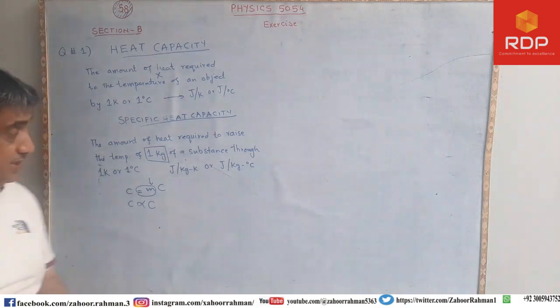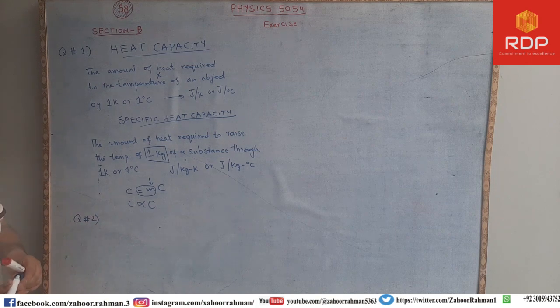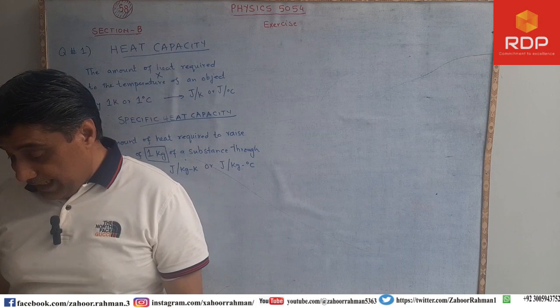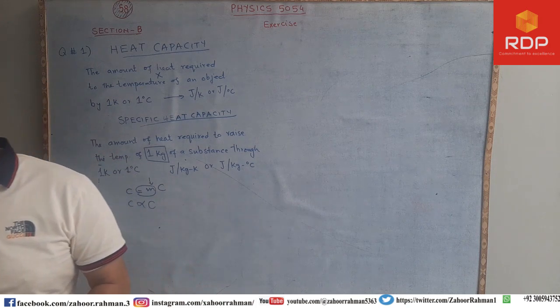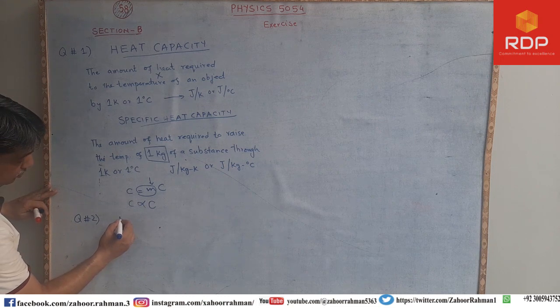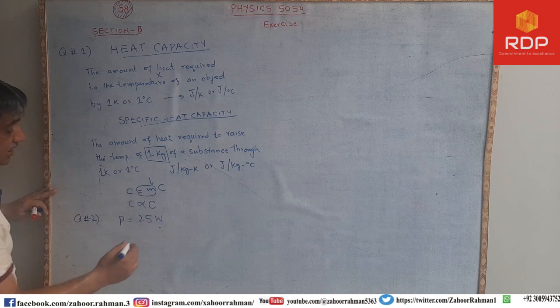Okay, now we are turning our focus to question number 2. Question number 2 is saying that an electric kettle is rated at 25 watt. So P is equal to 25 watt.